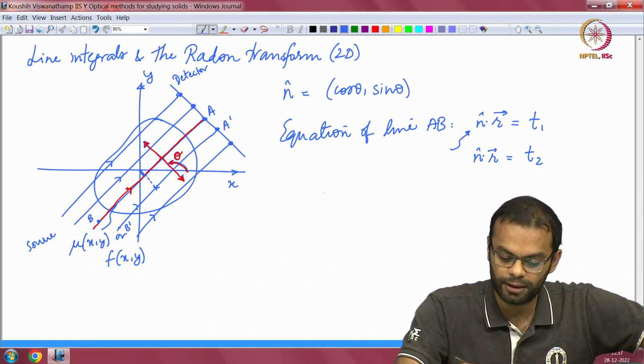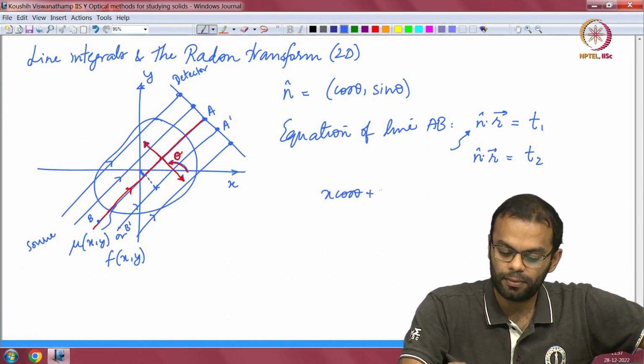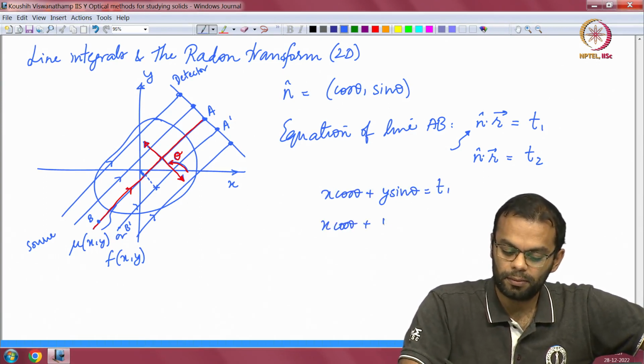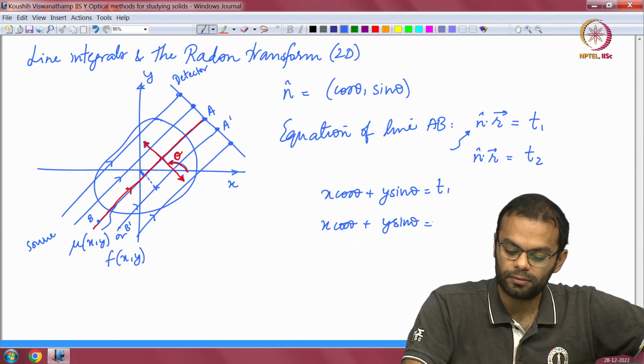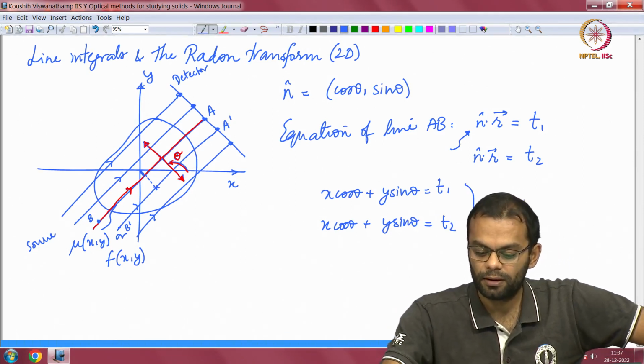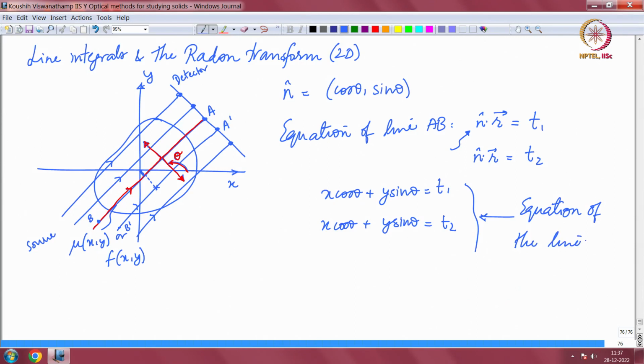So, your actual equation is x cos theta plus y sin theta equal to T1 and x cos theta plus y sin theta equal to T2, right. So, this is the equation of the lines, the line integral measuring. So, the detector picks up something that looks like this. We are going to call this function p theta of t.